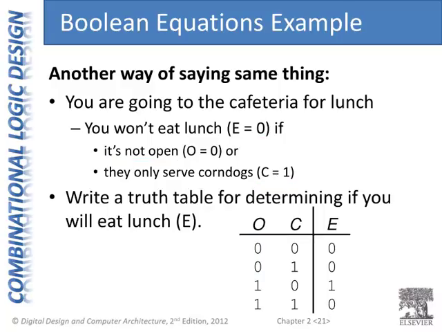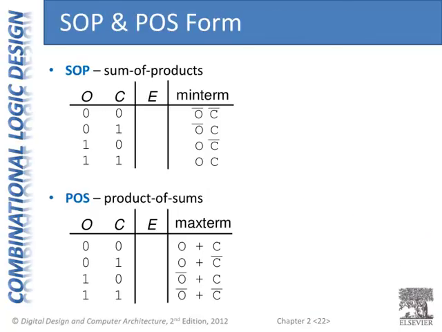Okay, so after we specify this truth table, we can now use either SOP or POS form, or in our case, we're going to write it in both forms to specify the equation for this functionality. So we look at our sum of products form, and this is the specific function that we have.